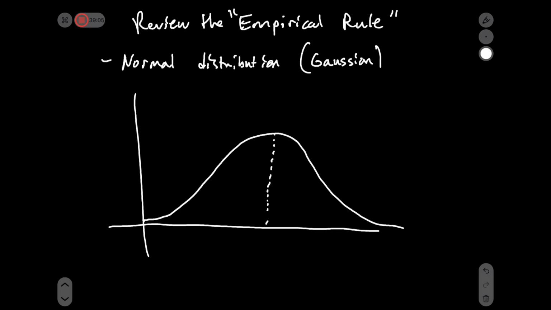So we've got that nice bell-shaped curve, and right here in the middle, this is our mean. And we know with a normal distribution that this point here is the mean minus one standard deviation. This is the mean plus one standard deviation. We keep going out a further standard deviation.